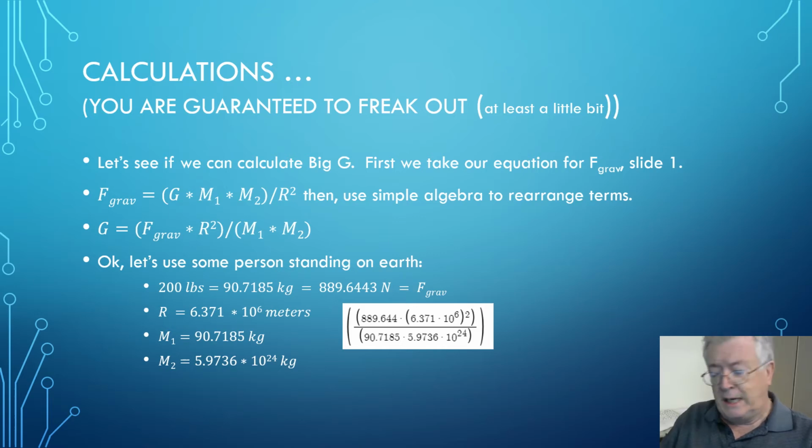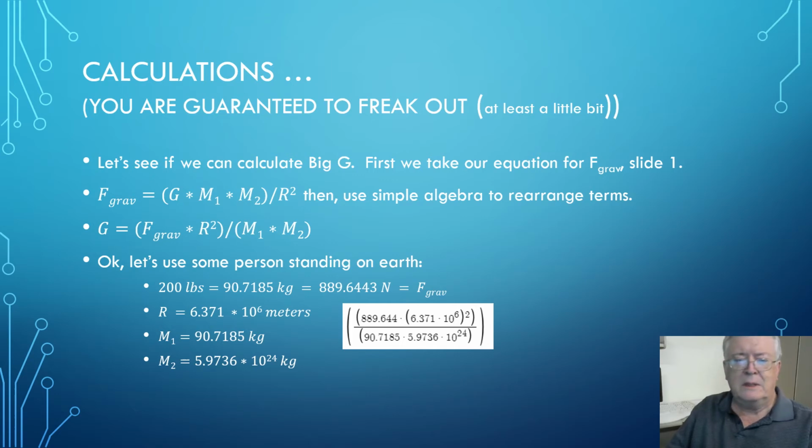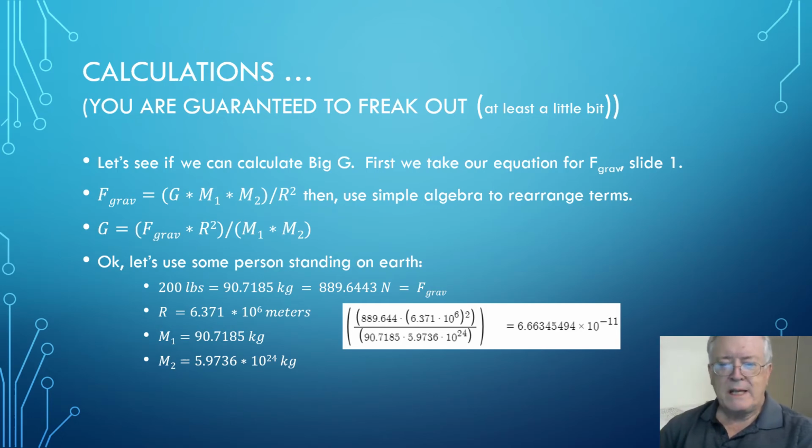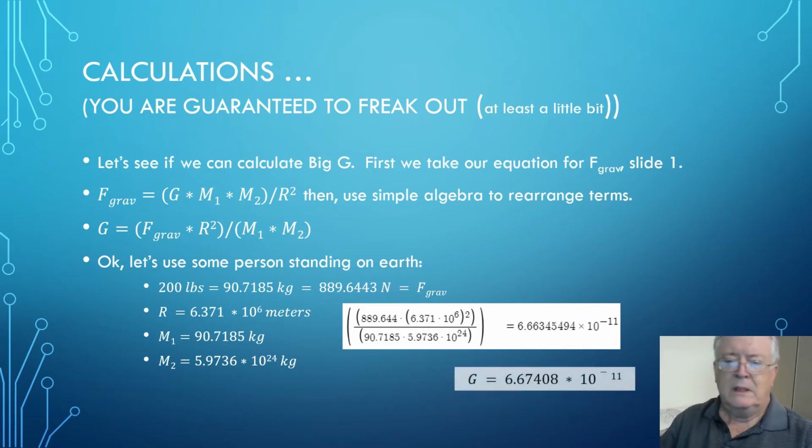I used an internet calculator, and it was easy to put the numbers in. So here's what I got. Ta-da! 6.66345 times 10 to the minus 11. Now, how does that compare to the accepted value?